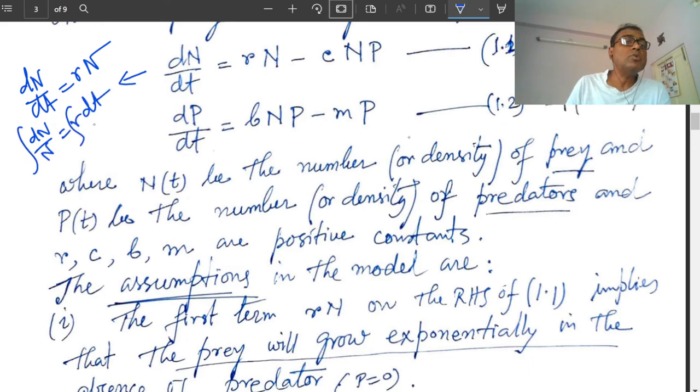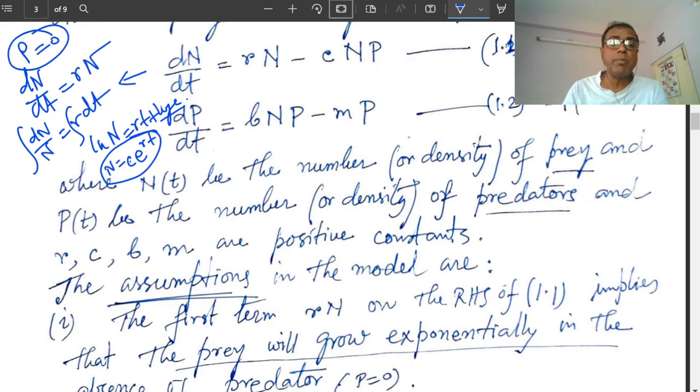Integrating on both sides, we get ln N equals Rt plus some constant, ln C. So from this we get N equals C into exponential of Rt. So when P equals 0, P equals 0 means absence of predator.